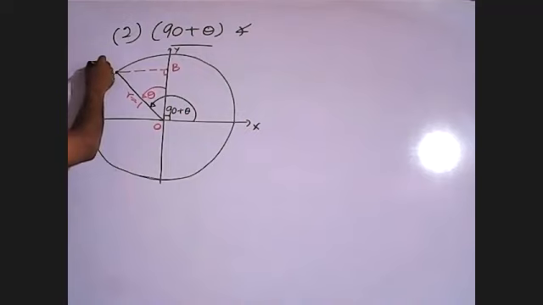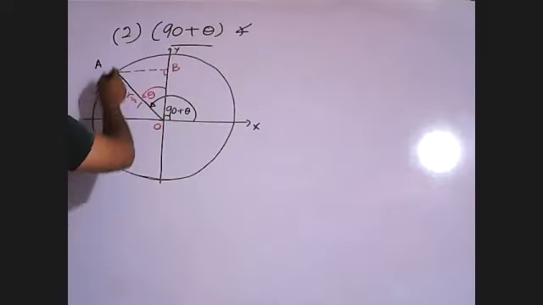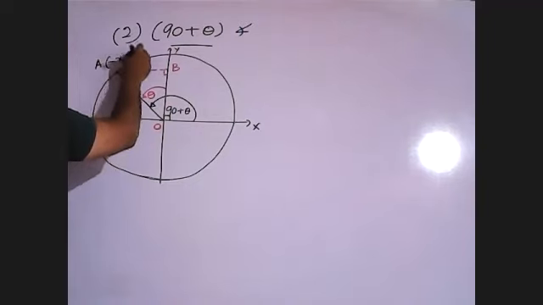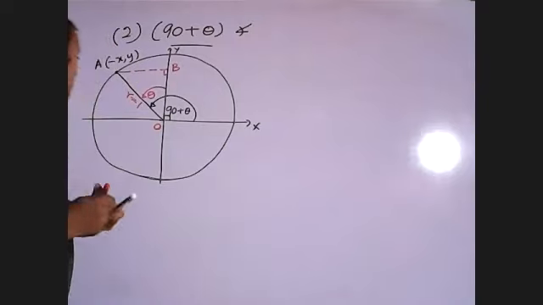You know, in the second quadrant, the x coordinate is minus. Therefore, I write this as minus x comma y, because the x coordinate is minus and the y coordinate is positive.